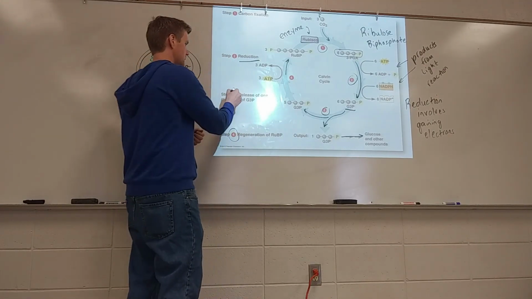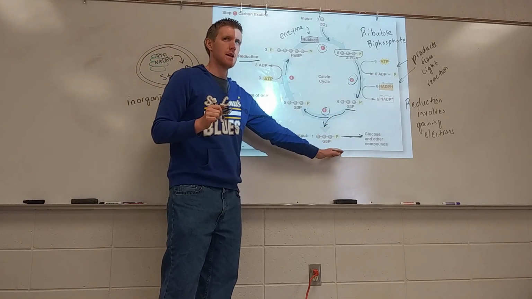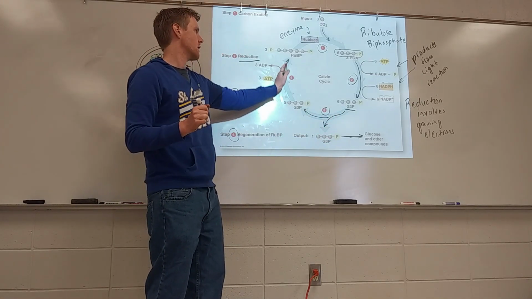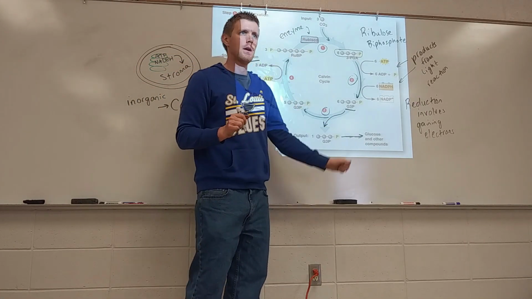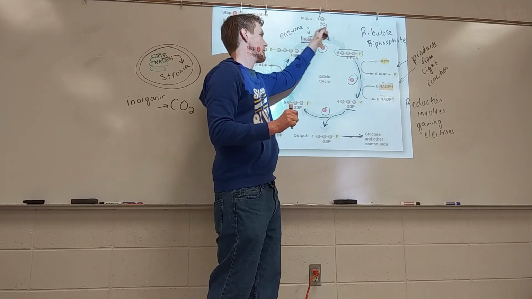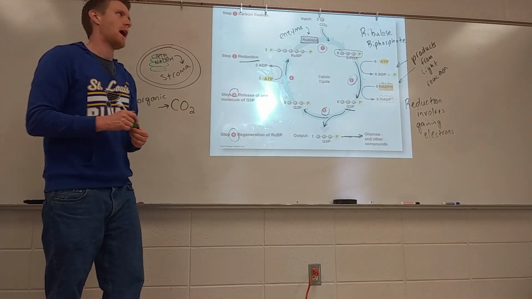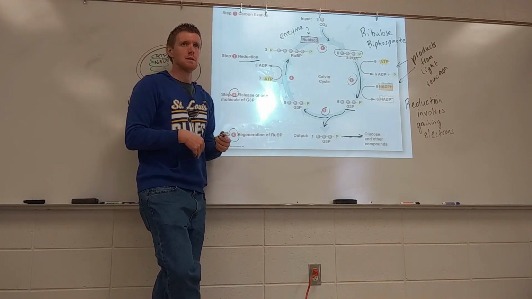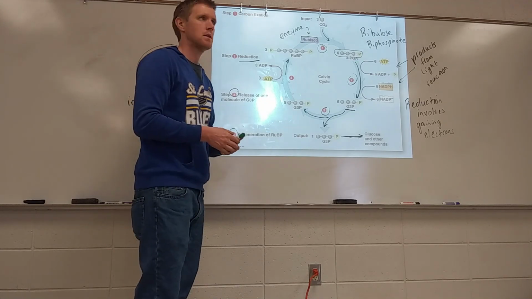That's step 4. Step 3, by the way, was when that one G3P left the cycle. Step 4 is regenerating RUBP so the whole thing can happen again. 3 molecules of carbon dioxide are required for this cycle to churn once, and it's churning thousands upon thousands of times as the plant is incorporating CO2 to produce sugar molecules.